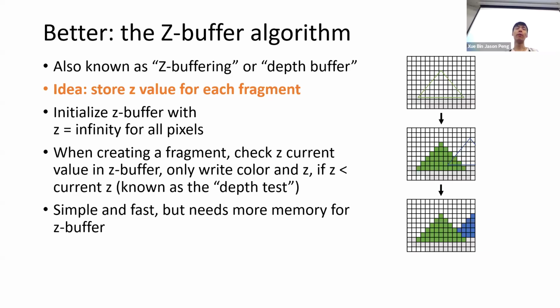And also, depending on how complex the arrangement of triangles is, again, there might not be a strict ordering by which you can sort the triangles. So with this depth buffer algorithm, you can render things in more or less random order.